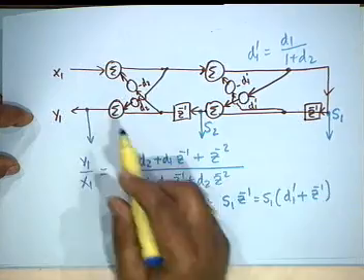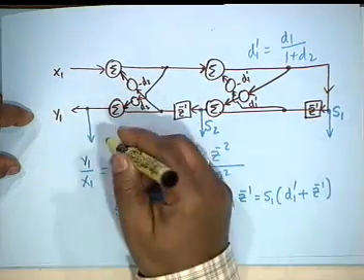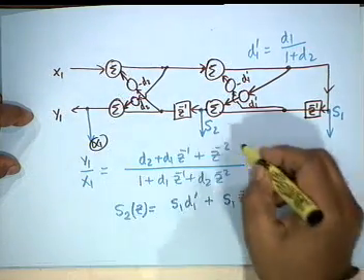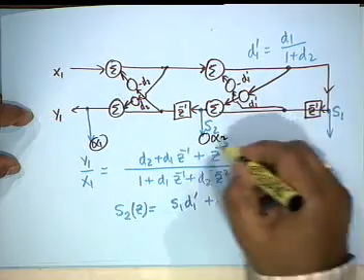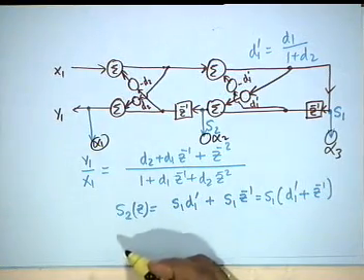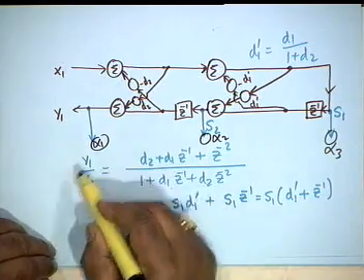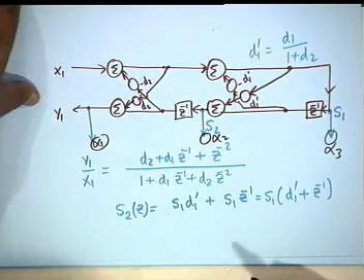Okay. Therefore, what we require now, if you use multipliers, let us call them arbitrarily alpha 1, alpha 2 and alpha 3 and we add them together. I run out of space here.